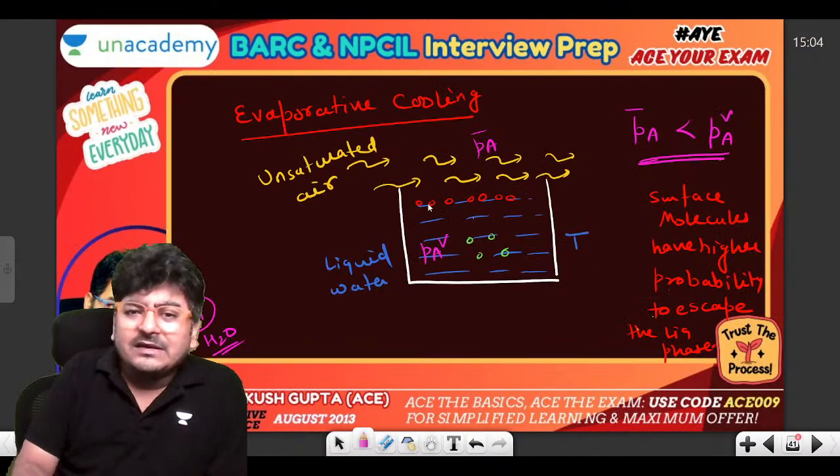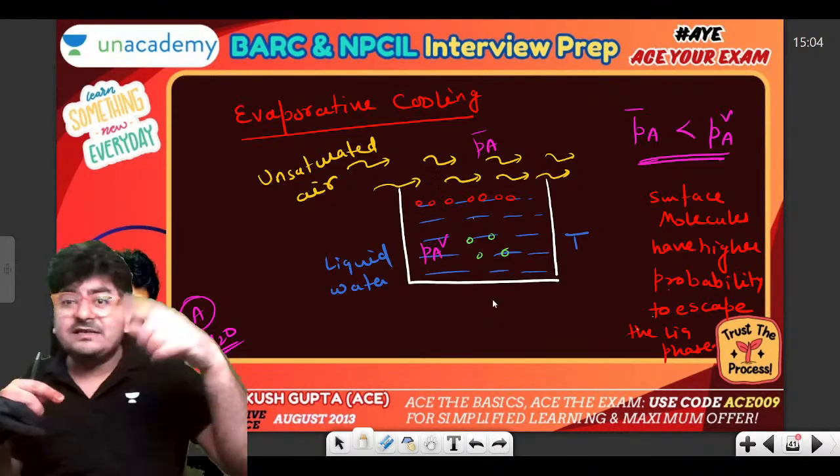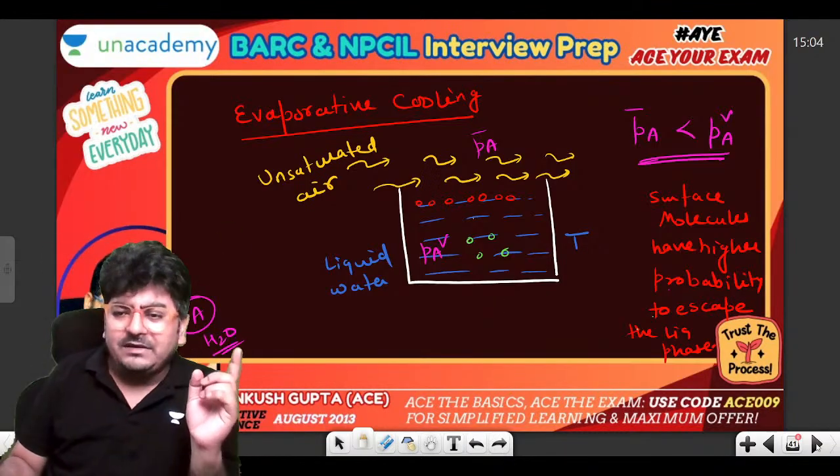So tell me, can these water molecules diffuse in air? Can they go into the air? No, because they are in liquid state. Air is gas state. So what will happen?